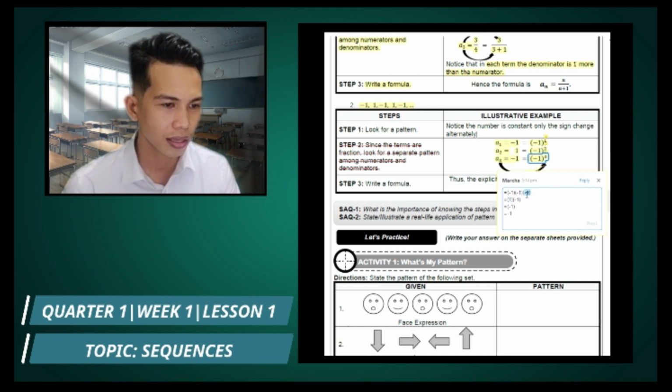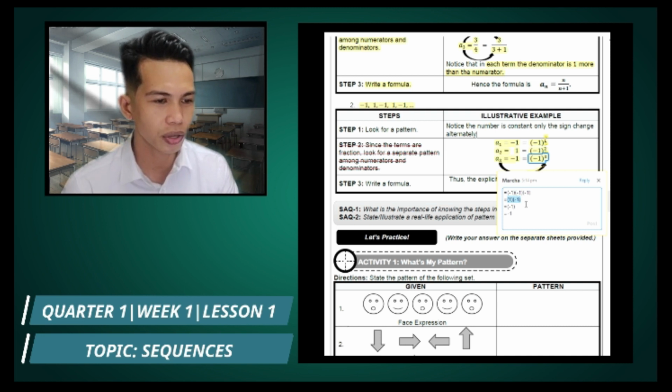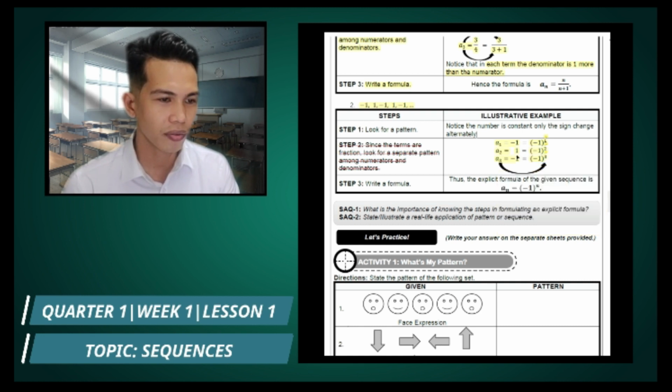And then this negative 1 will be multiplied to the positive 1. So the rule for unlike signs in multiplication, you will always have a negative result. Negative 1. Removing the parentheses, this gives us negative 1. So that's equivalent again for the third term.